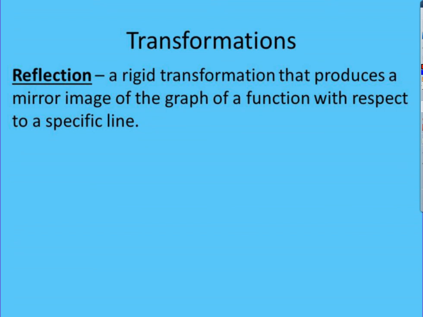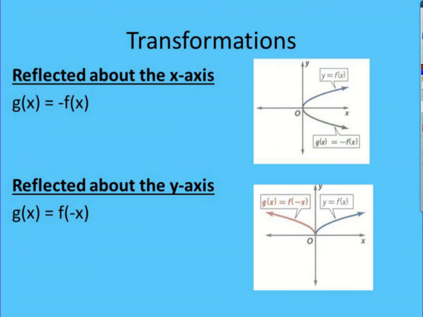A reflection is a rigid transformation that produces a mirror image of the graph of a function with respect to a specific line. Now we can reflect across any line, but we're going to look at a couple specific ones. If we reflect across the x-axis, it's just going to be the negative of the entire function. So the negative will be outside of the parent function.